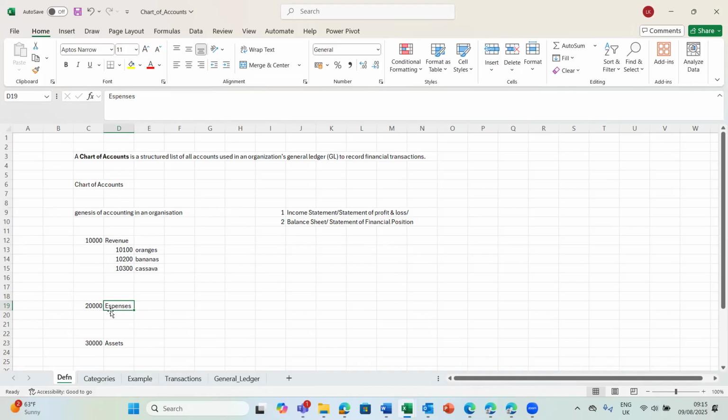And also expenses are part of the income statement, so all transactions to do with expenses will go to these codes. Under expenses, you can have rentals, and utilities, water and electricity.